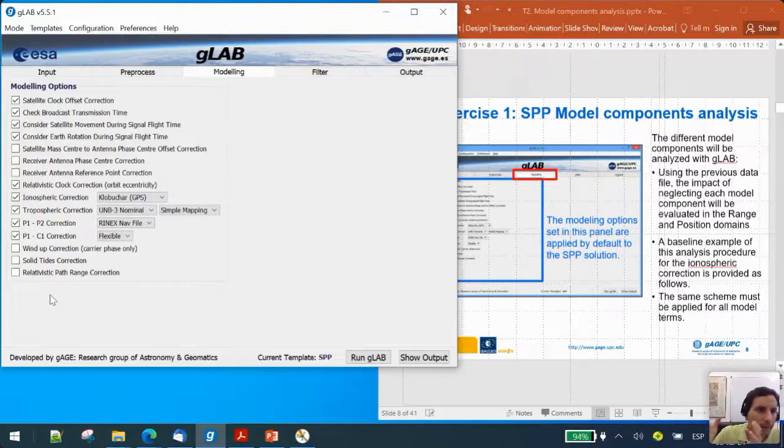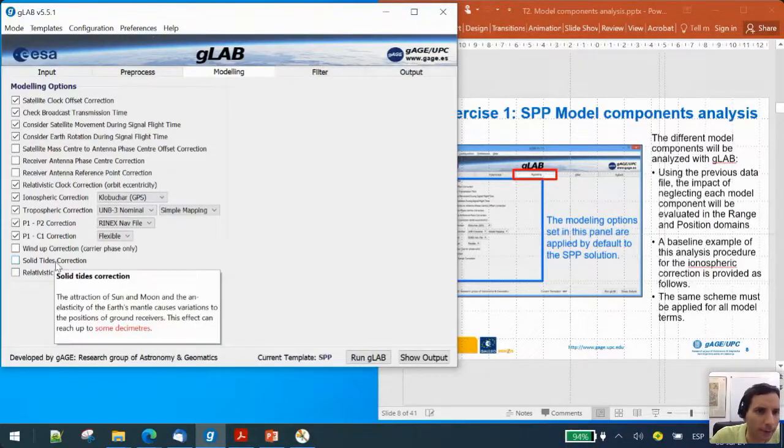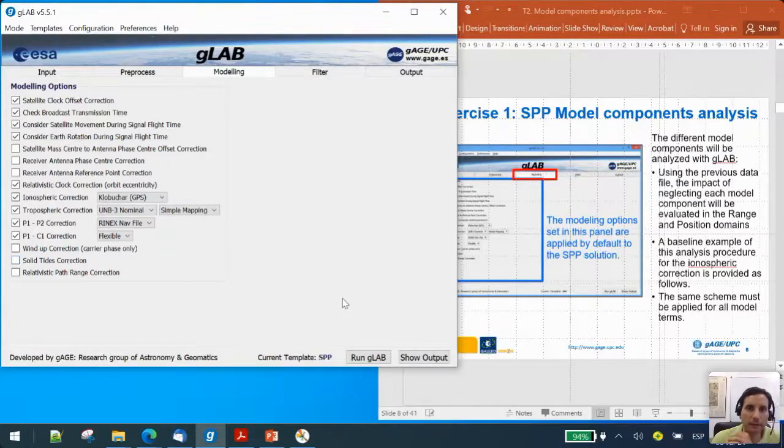For example, this solid tide correction, that we will see not today but tomorrow, or maybe if we have time, we can see today. What is this modeling term? Is it not important? Is it not necessary?